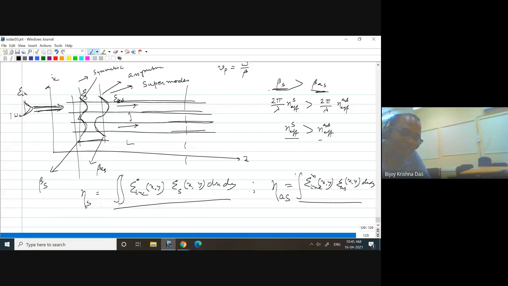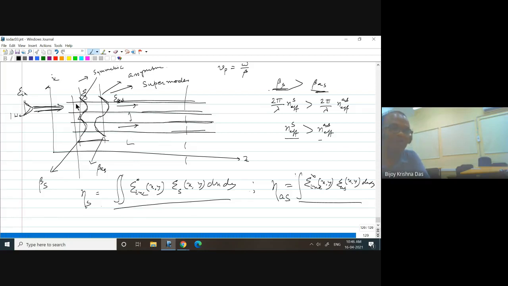So the phase velocity for the symmetric mode is lower than the phase velocity of the antisymmetric mode. The symmetric mode will travel slower, the antisymmetric mode will travel faster.